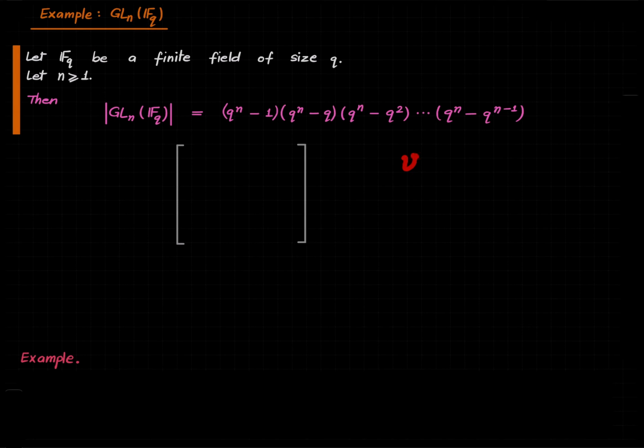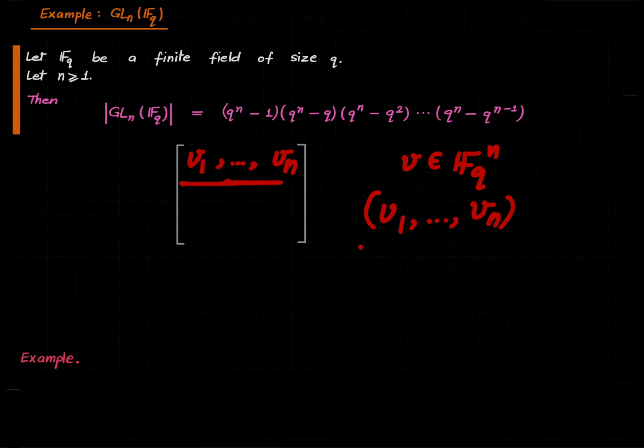So you pick a vector in F_Q^n. It will look exactly like V1 up to Vn, where the Vi's are elements of F_Q. And each vector you can think of as laid out as a sequence of n elements of F_Q. So what do we need to do?